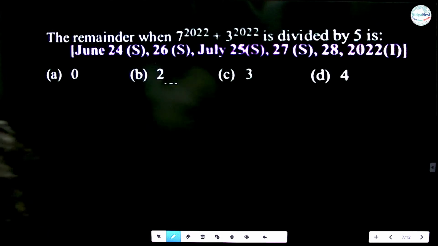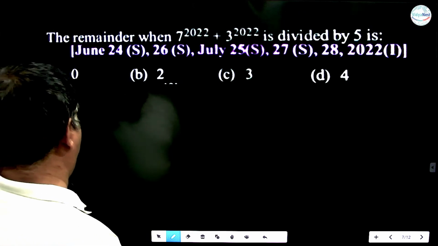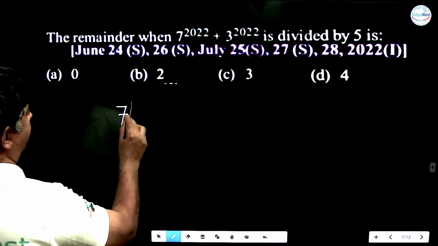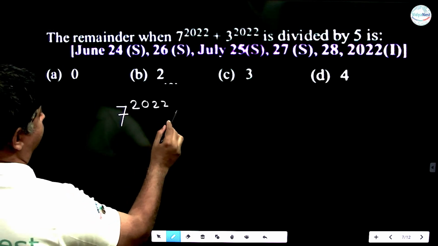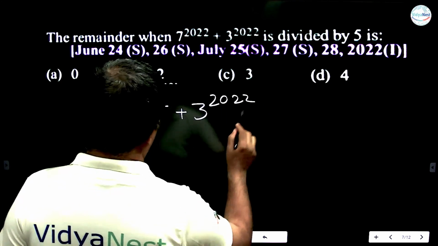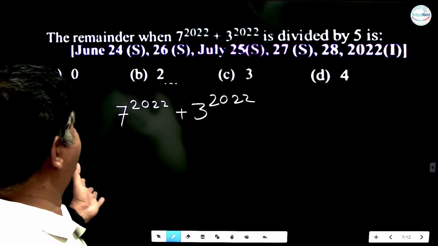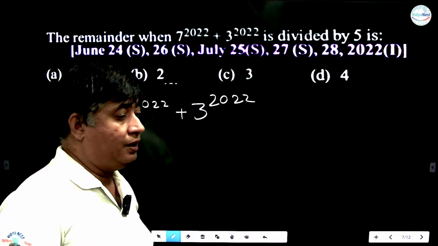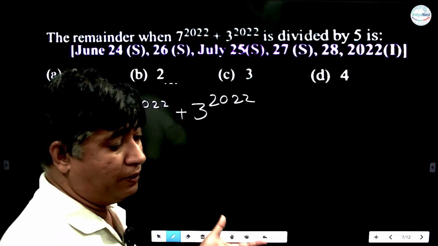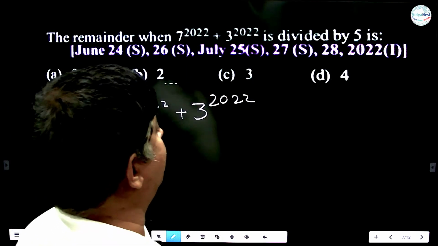See, every year, if you choose one paper of any shift randomly, you will find this level of sum, this type of sum.